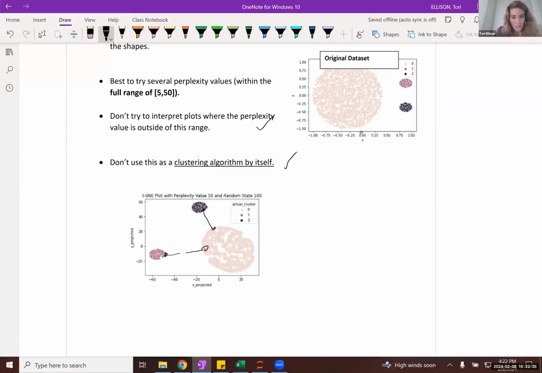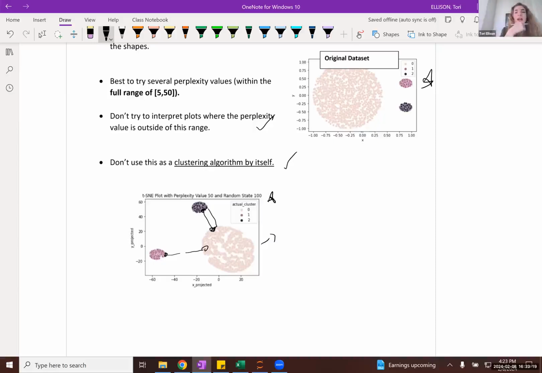So for instance, you might decide to take this TSNE plot projection and throw this into a clustering algorithm. So the first thing is, technically you don't even really need to do that because you can kind of see with your eyes what the suggested clusters are. But another issue is that many clustering algorithms do rely on having a faithful representation of each pairwise distance that exists between pairs of points. So by clustering a data set such as this, you're warping the pairwise distances from the original data set.